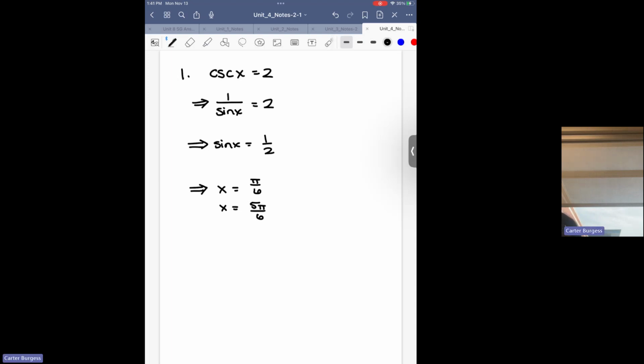Now, are these the only two possible values of x, only two angles that will give me a y value of 1/2, or have I overlooked something? And if so, what is the thing that I have overlooked? What have I not taken into account with this solution?